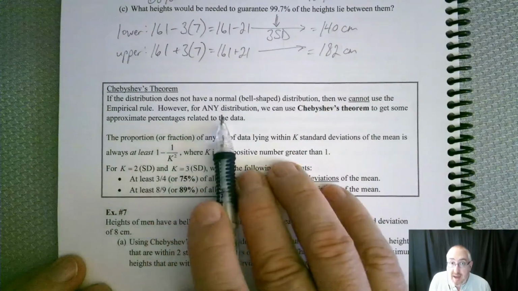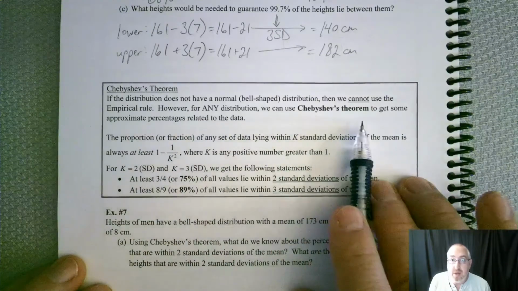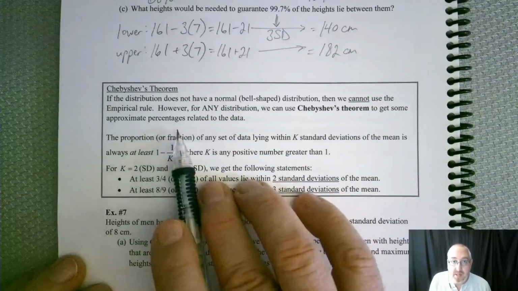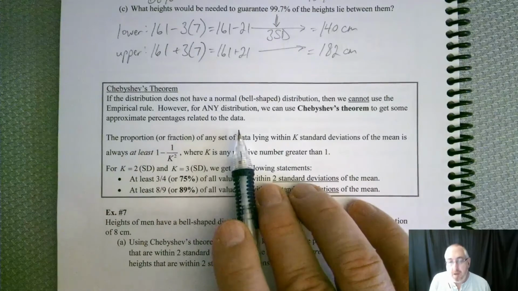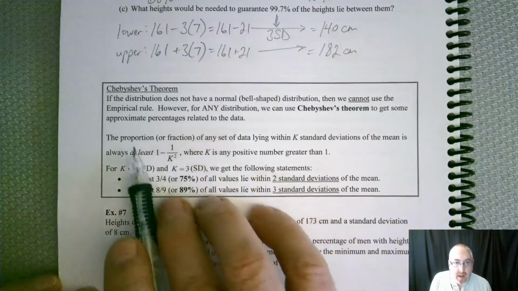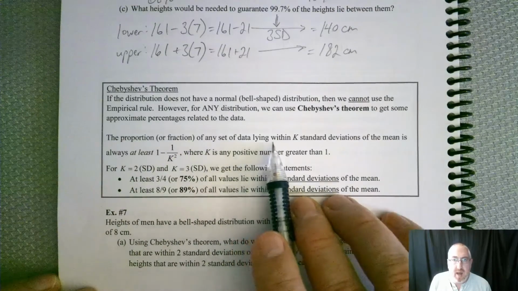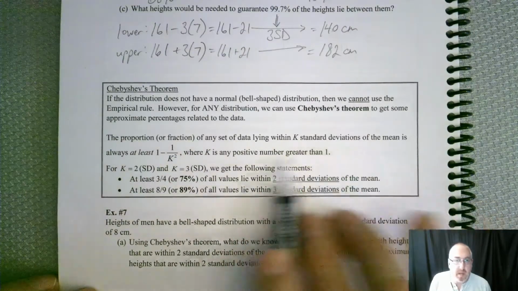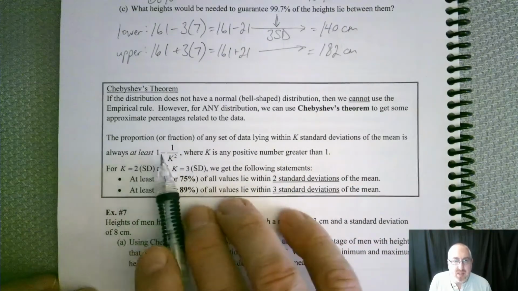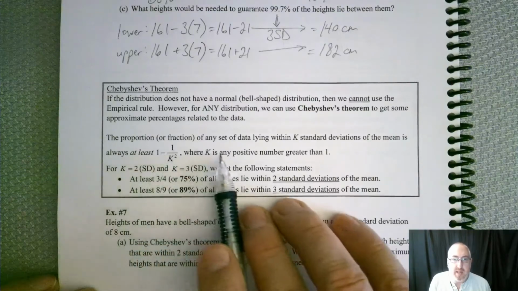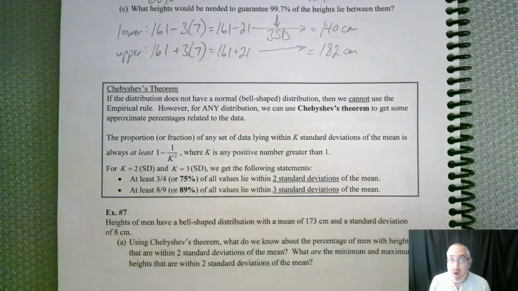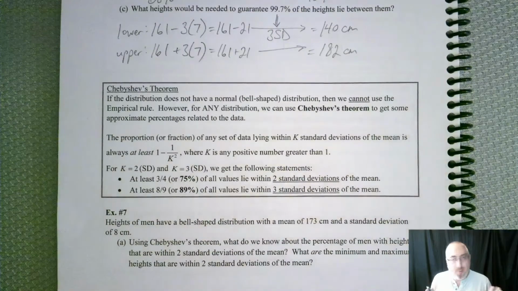However, for any distribution, we can use Chebyshev's theorem to get some approximate percentages related to the data. So that's good. Now it says the proportion or fraction of any set of data lying within k standard deviations of the mean is always at least 1 minus 1 over k squared, where k is any positive number greater than 1. What? No, don't worry about it.